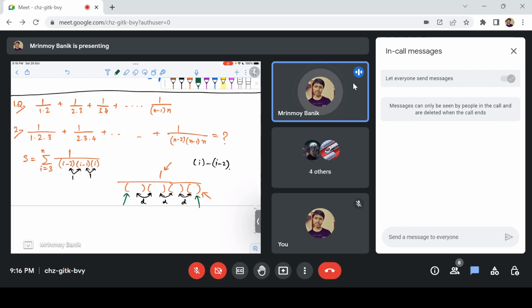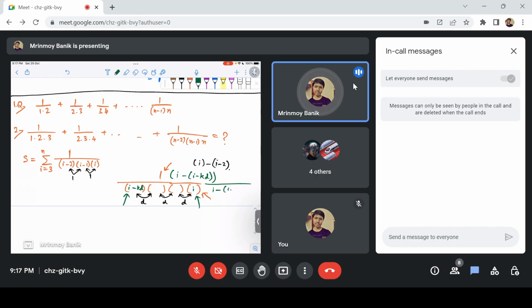Suppose the first one is I minus kd, and the last one is I. So then multiply and divide by I minus kd, which is basically kd. I'm just writing it this way to help you understand how I am getting the kd thing.